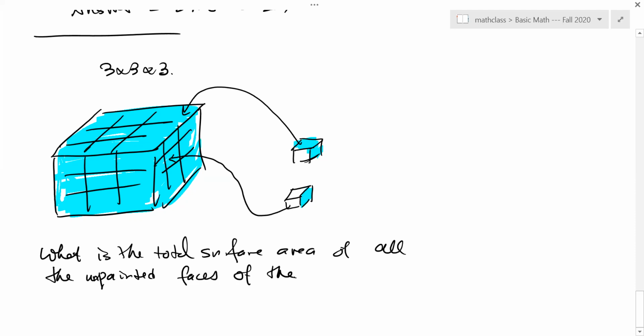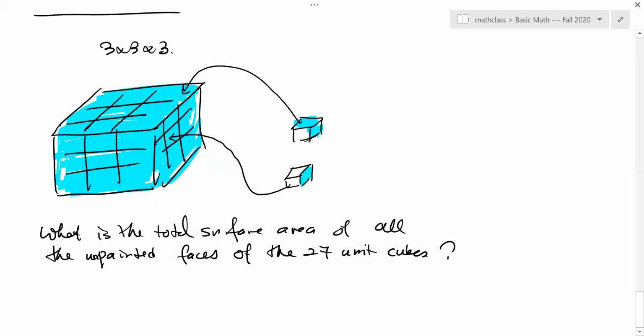of the 3 times 3 times 3, the 27 unit cubes? So you cannot say 27 times 3.